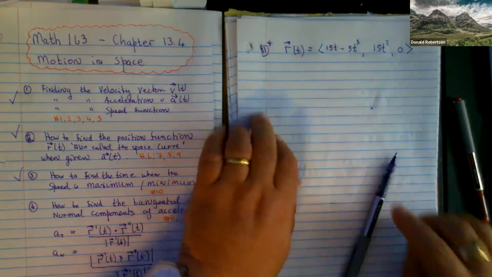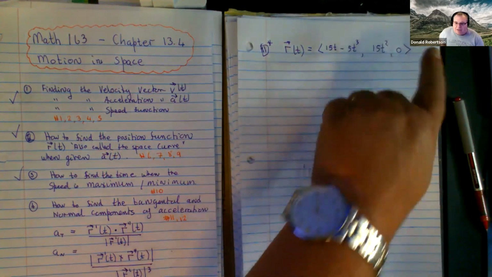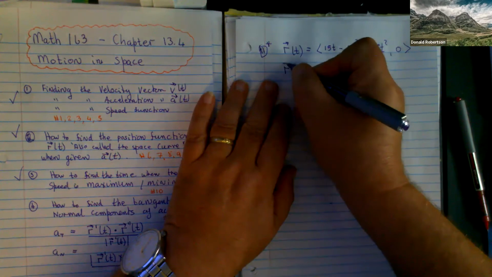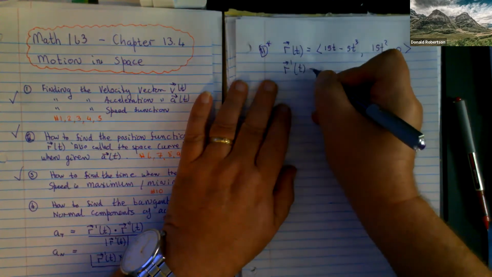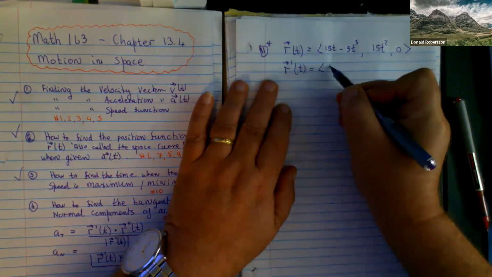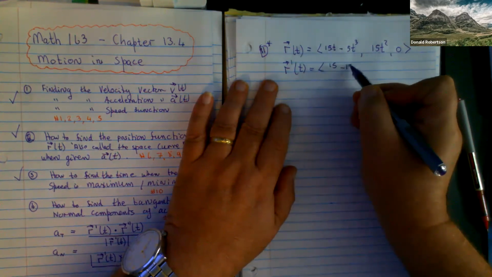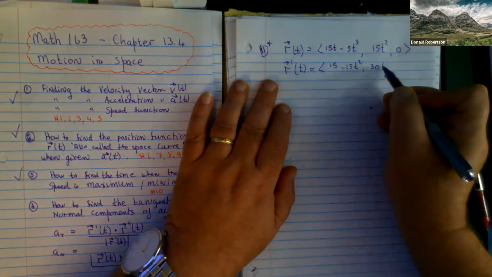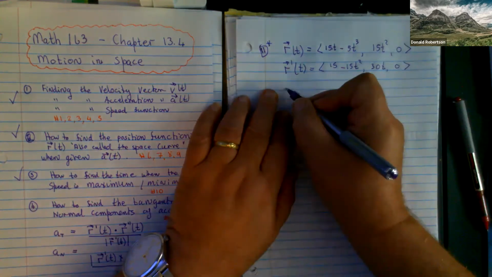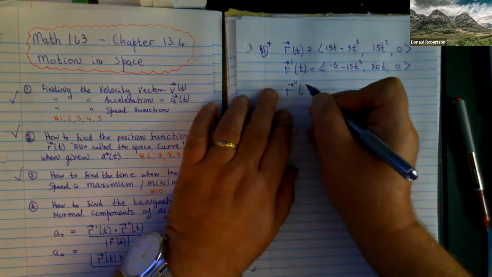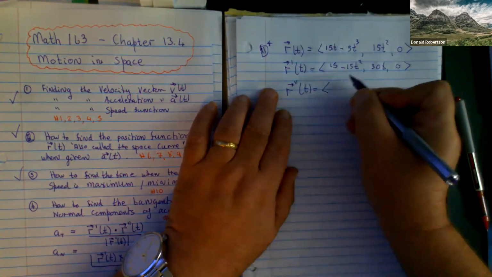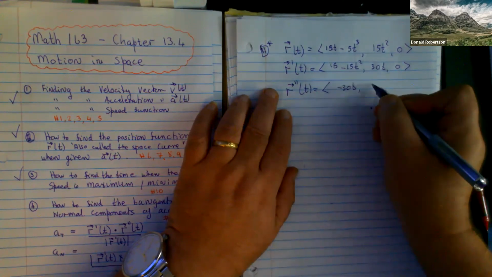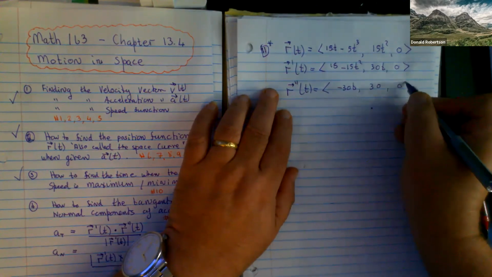It was originally in IJK notation, but I've converted it into the usual version. Now the first derivative, power rule, gets me that. Power rule, which gets me that. And then the second derivative, oh, this one's going to be a lot nicer than I thought. Nothing, minus 30t, 30, and 0.